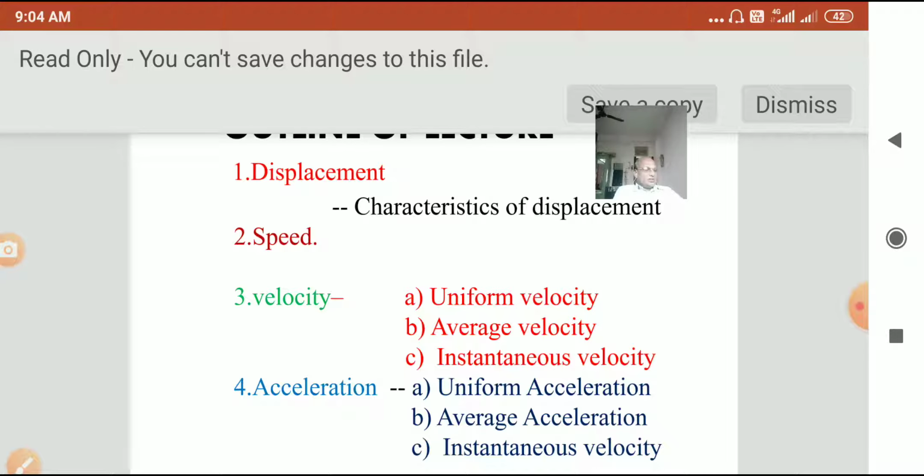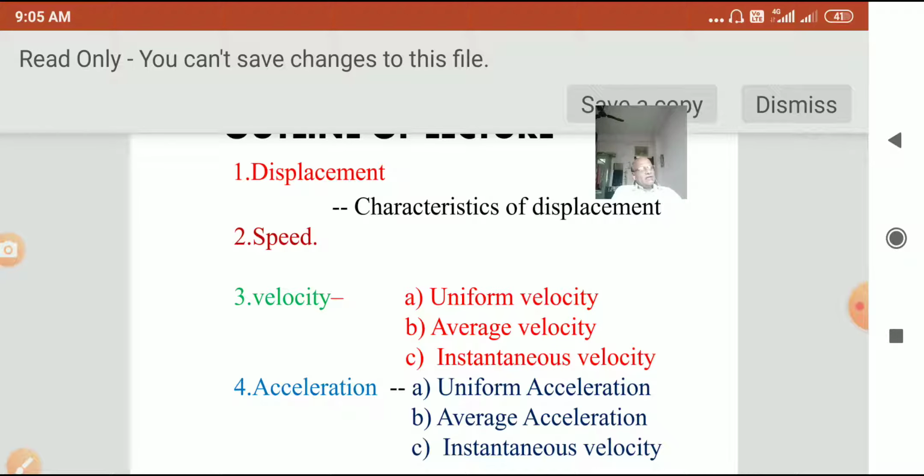Now first, average acceleration. It is defined as the ratio of change in velocity to the time interval during which that change occurs. If v1 and v2 are the velocities of the particle at time t1 and t2 respectively, then change in velocity will be delta v, which is equal to v2 minus v1, and time required for this change in velocity is delta t, which is equal to t2 minus t1.